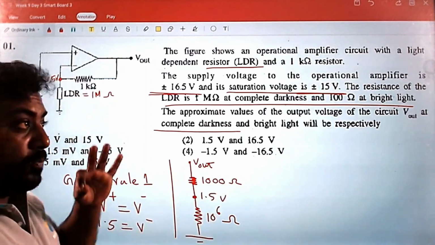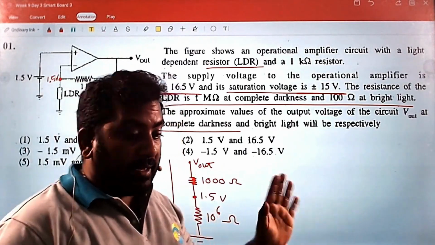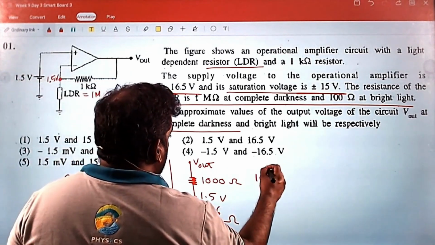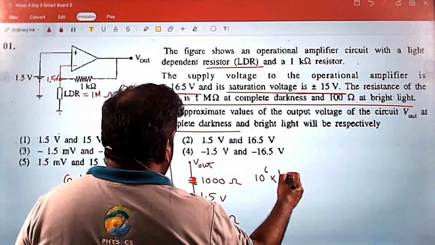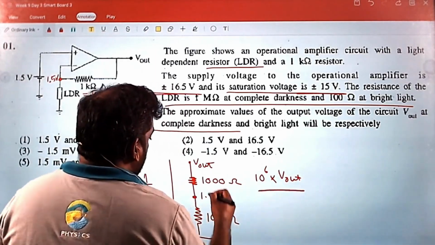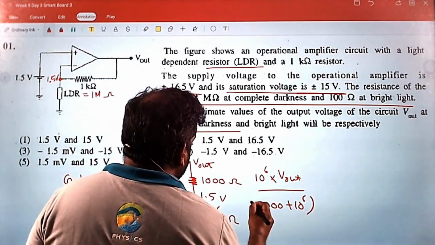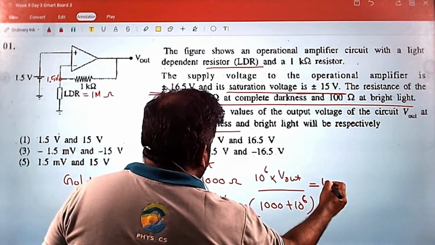Output voltage can never exceed the supply. Don't forget that. So here you can say 10 to the power 6 times total voltage divided by the addition 1000 plus 10 to the power 6, that is equal to 1.5.